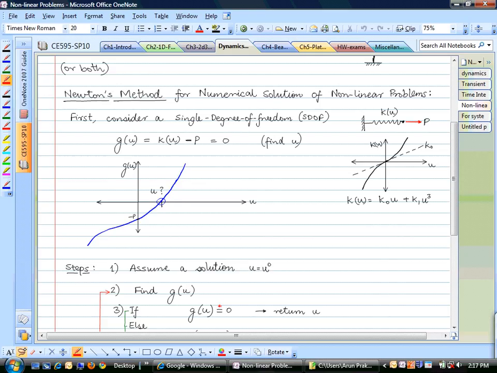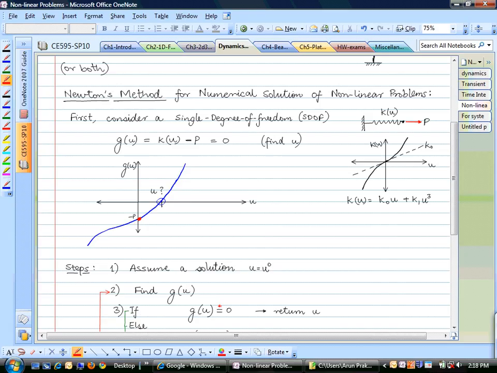The first thing that you do for a nonlinear problem is you assume a solution. What solution should we assume? Any solution within the radius of convergence. For example, if I apply a load P and assume the spring is not going to deform, zero displacement, I will choose this point as my first guess.